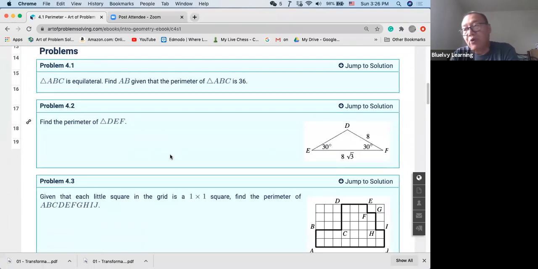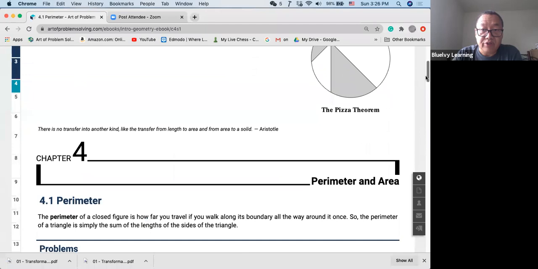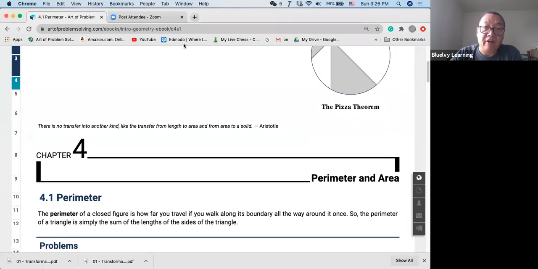You know, the perimeter is just the sum of the lengths surrounding a closed shape. Suppose you have a closed shape, say a quadrilateral or rectangle. Then the perimeter of this quadrilateral, you just add the lengths of these four sides together.